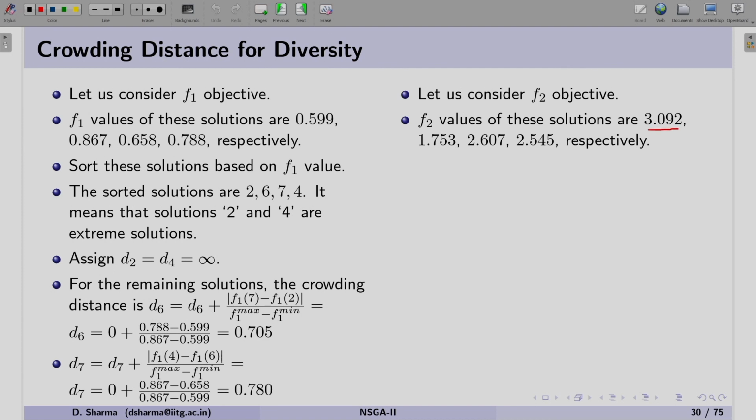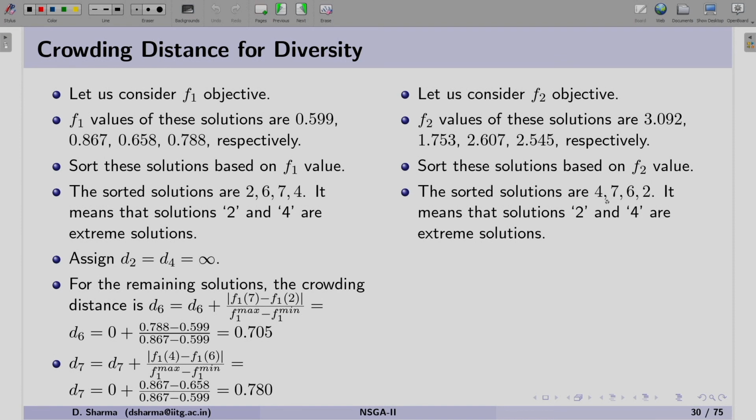Now, we have to consider the other objective F2 and perform the same calculation. The F2 values of solutions 2, 4, 6, 7 are given here. We sort the solutions based on F2 value and the sorted solutions are 4, 7, 6, 2. Again, solutions 4 and 2 are the extreme solutions and therefore, we assign the infinite value.